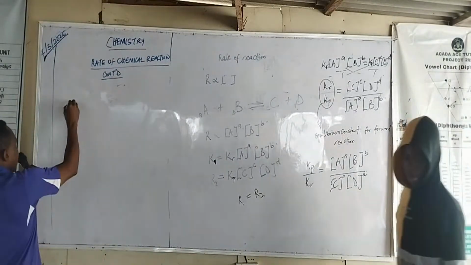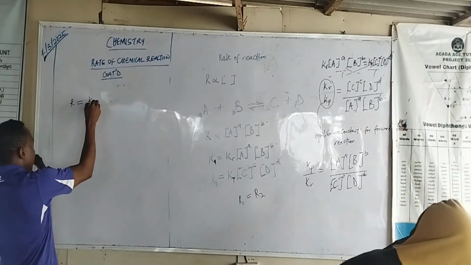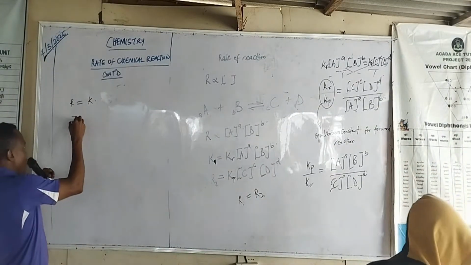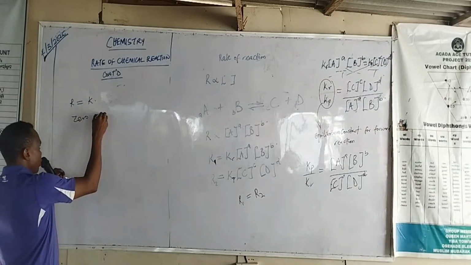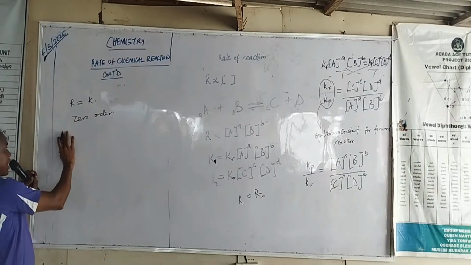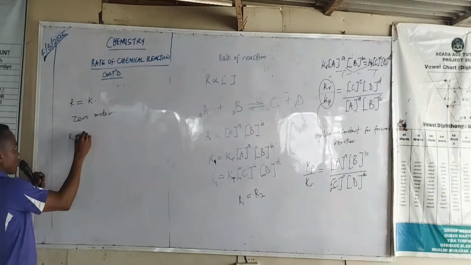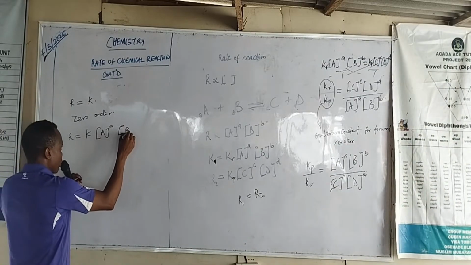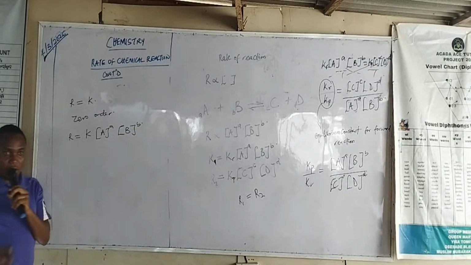When your rate of reaction is only dependent on K, this kind of reaction is a zero order reaction. What do you mean by zero order? Listen to me. Remember the other time we had R is equal to K, concentration of A, concentration of B. Yes or no?